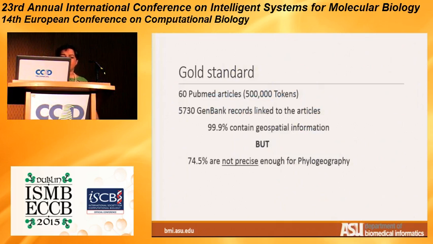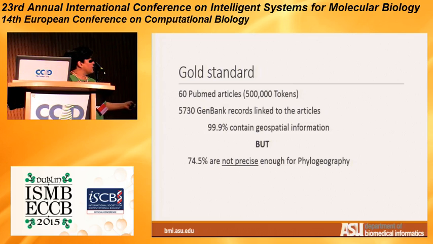Part of our contribution for this work, we created the gold standard, which is 60 full-text PubMed articles, over 500,000 tokens that were annotated. We had a team of 3 annotators, and we did different subsets of annotations for these papers.